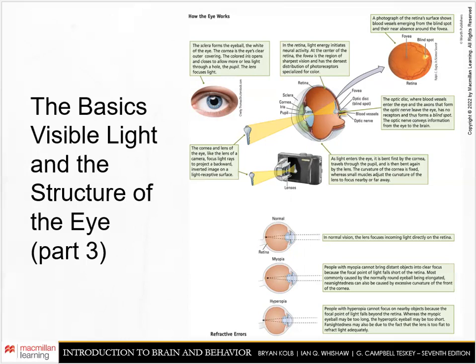The reason you don't notice it most of the day is your brain actually fills in that gap, that little blind space. It uses the other information or sensations that are around and tries to color in something that seems like it would make sense in that space, which is just interesting and cool.